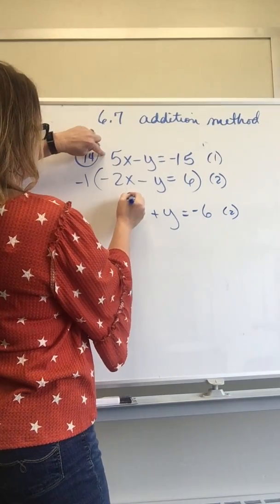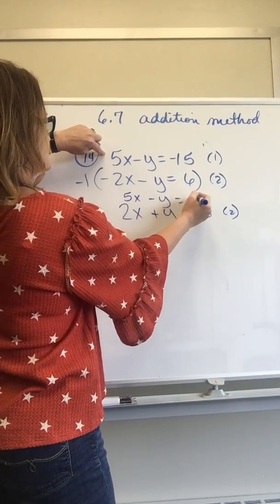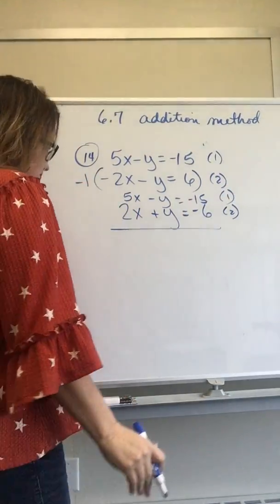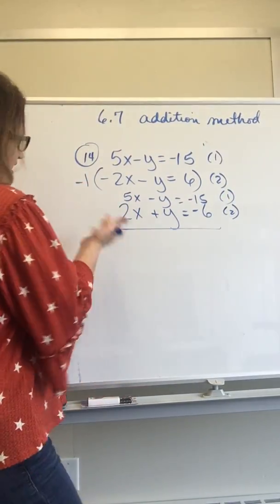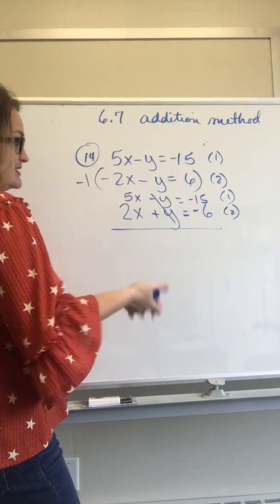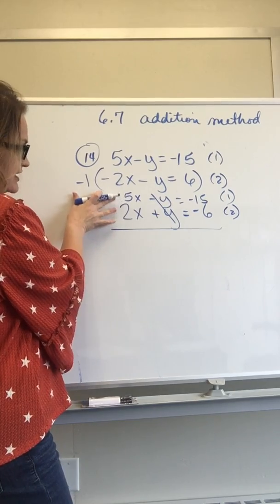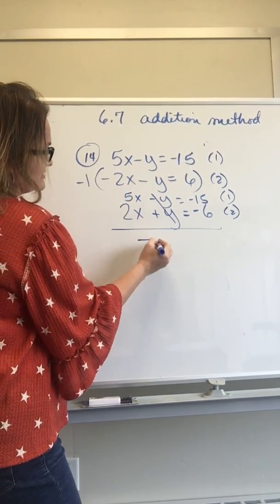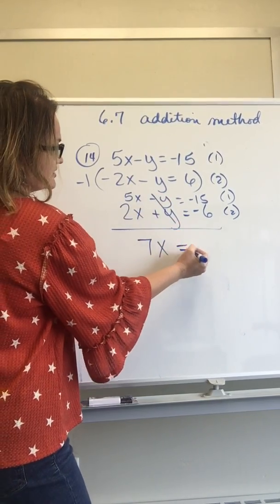Now if I take equation 1, 5x minus y equals negative 15, and I add those two equations together, it will work for me like the last example. A negative y and a positive y will cancel out the y's. I need something to cancel. I could have worked on the x's, but it would have been a little harder there. 5x and 2x adds to be 7x, and the y's are canceled.